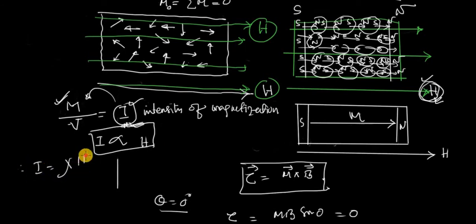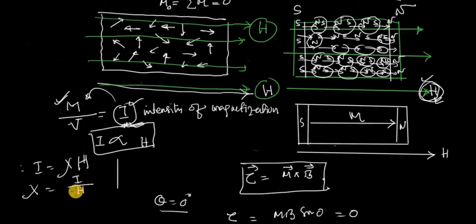I is equal to chi times H. What is chi? Chi is a constant, that is, intensity per unit magnetic field. So the intensity developed within the material with the applied field is called susceptibility.